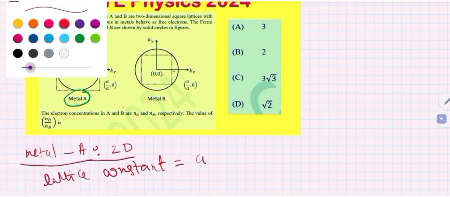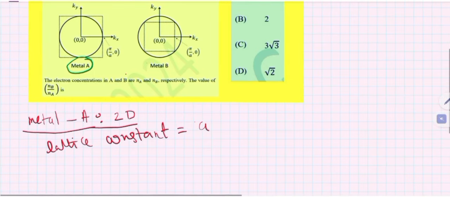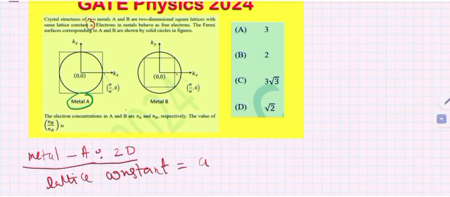Then what else have they given? Free electrons in the metal behave as free electrons, so we can take help of the Fermi surface.